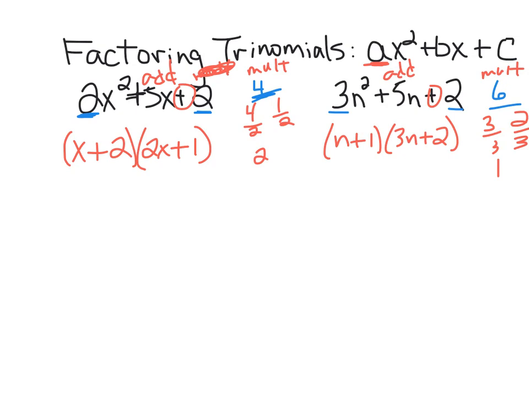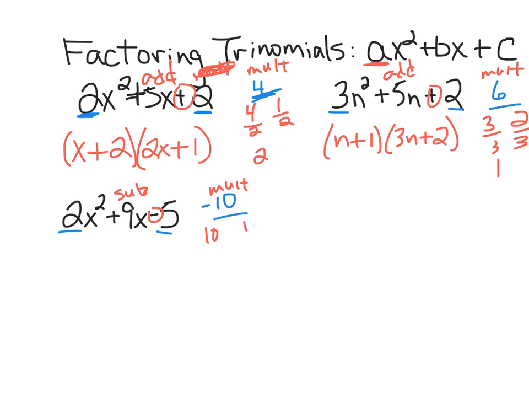Okay. Let's look at a couple more. So 2x squared plus 9x minus 5. So we're going to multiply that first and last number. 2 times 5 is 10, or negative 10 if you want to write it that way. So that's the number I'm multiplying to get. Since that's a minus, this time I need it to subtract to get that middle number. So I need two numbers that multiply to be 10 but subtract to be 9.